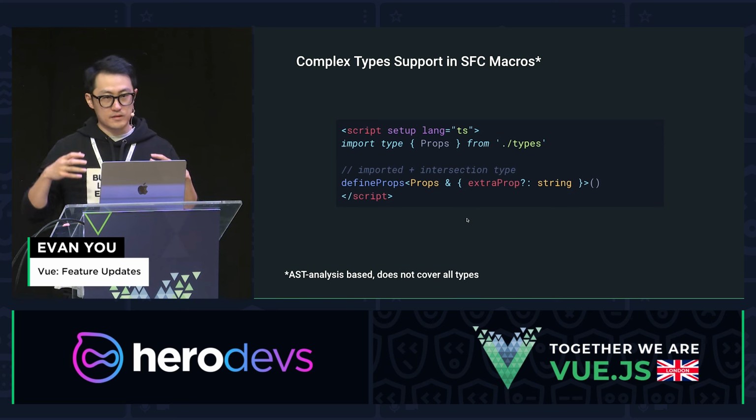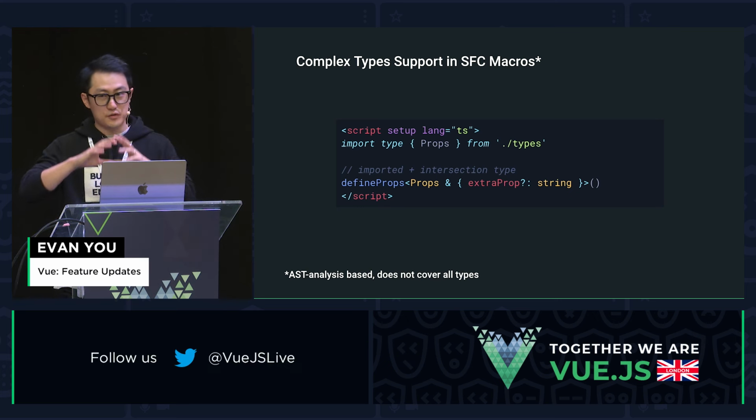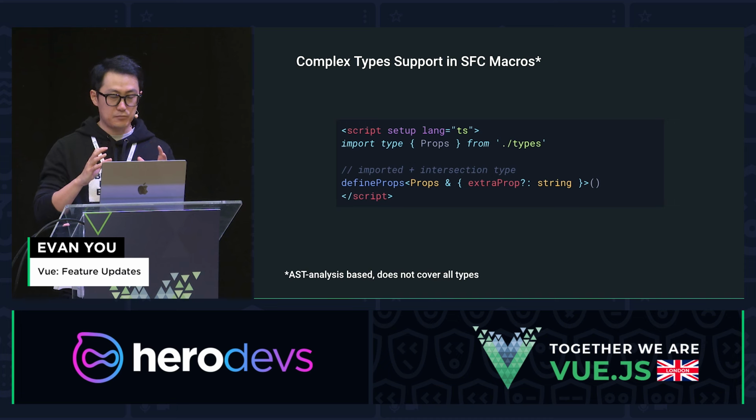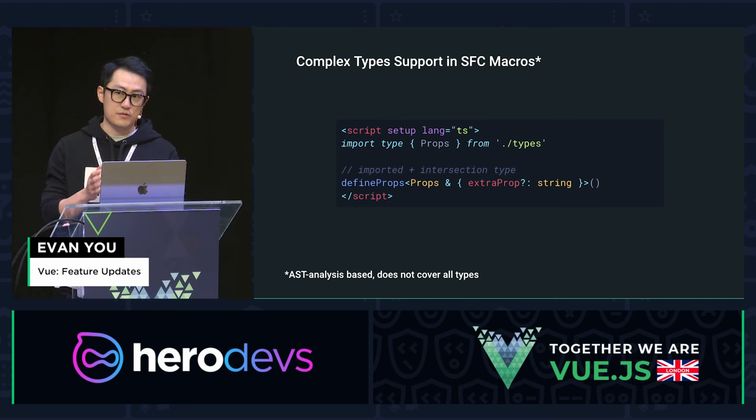But eventually, the whole analysis process is still AST-based. We're not actually using TypeScript itself to do all the type inference and everything, because that would be really expensive. So it's kind of a pragmatic approach where we try to support as much as we can by just analyzing the AST. So it will not be able to cover 100% of the types.